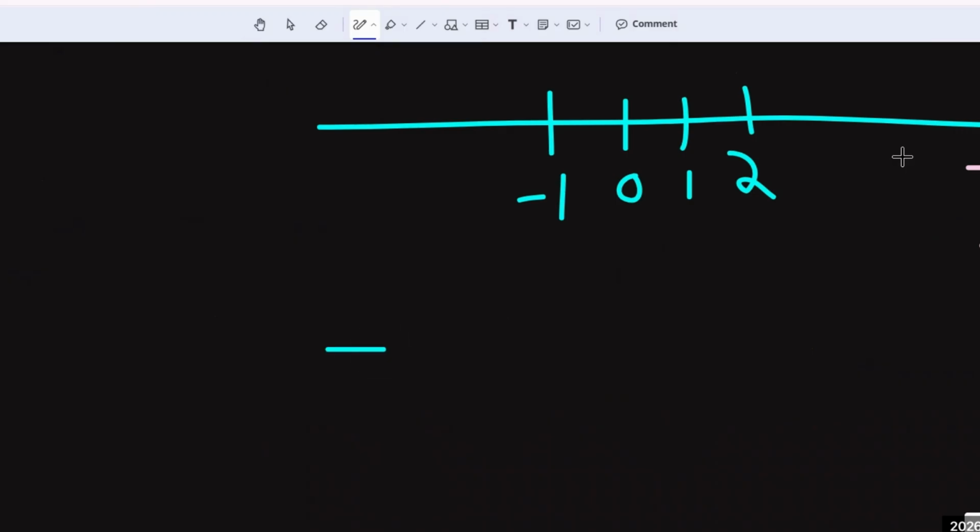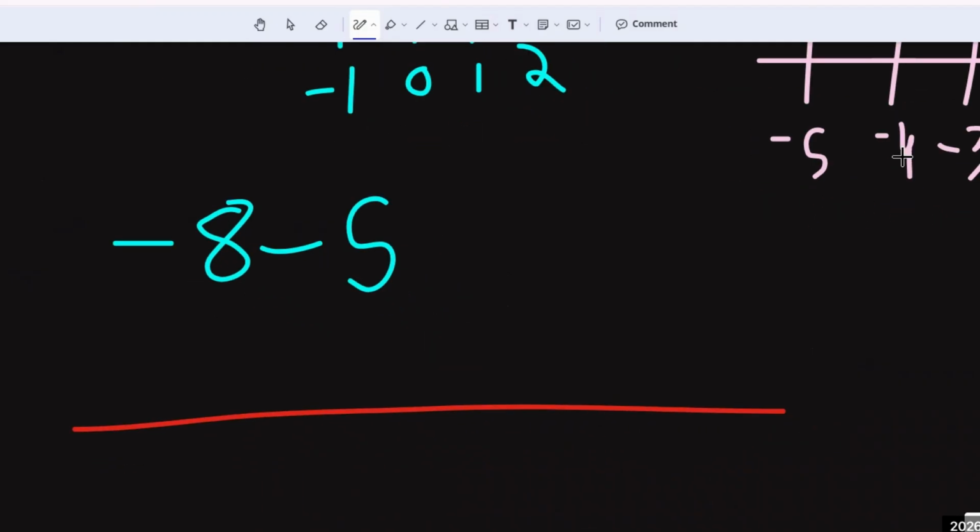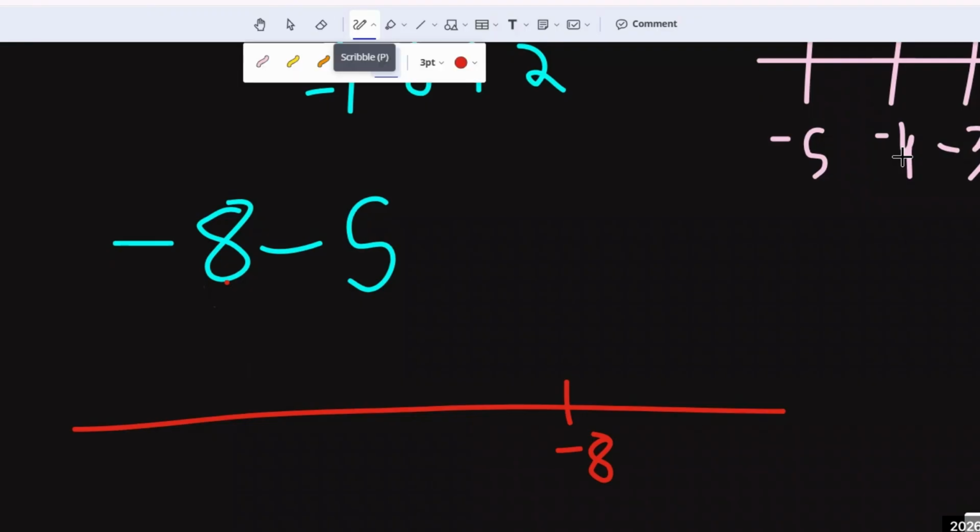If you have a question, -8 -5. First of all, this is your number line. You need to plot the first number, that is -8, because whatever the first number is, you need to plot on the number line. Then after that you have a -5. So tell me, -5 means 5 units left or 5 units right? 5 units left.